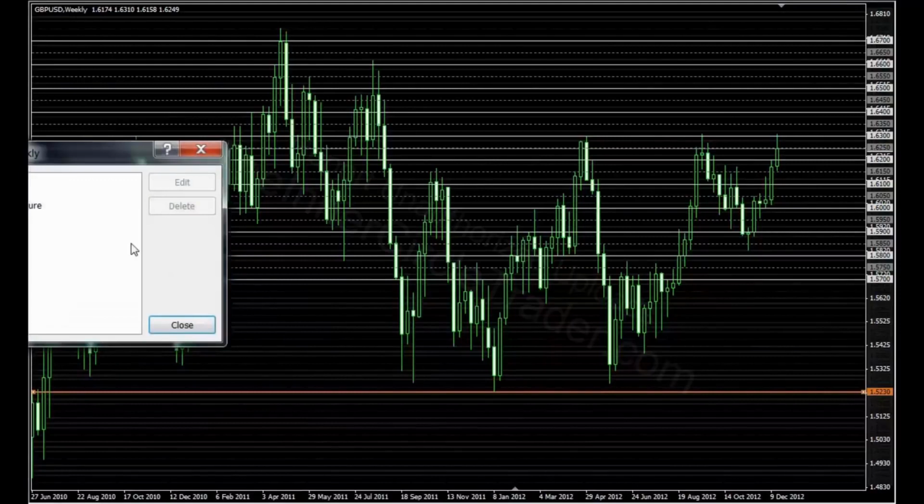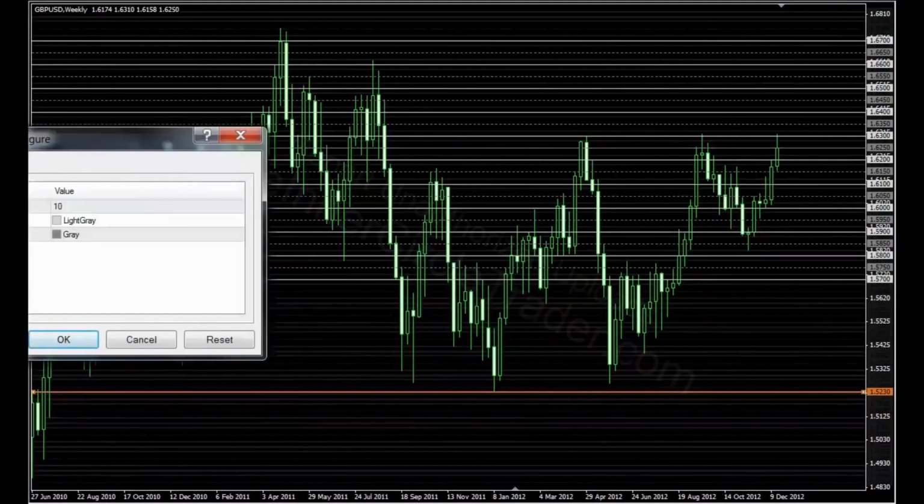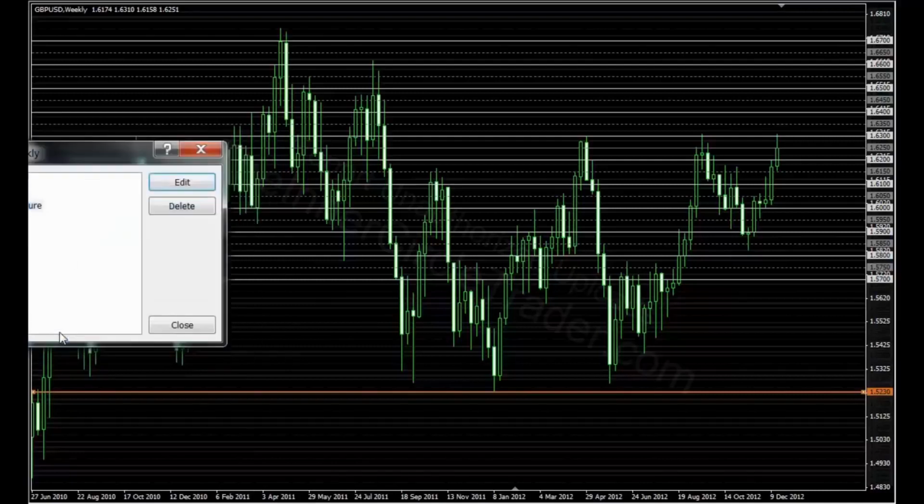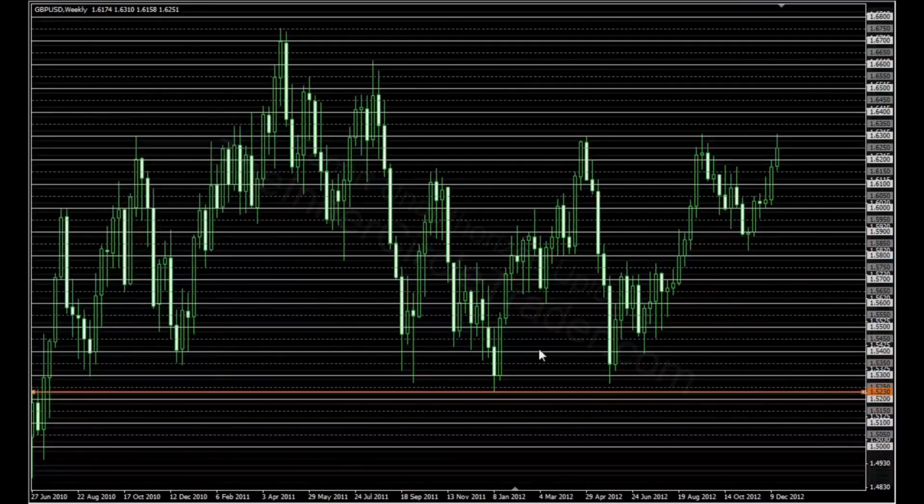And what we're actually going to do is add some more levels because there's not enough on here. You can see how we have the 53 figure down here, and we have the mid figure that it didn't get to in here.